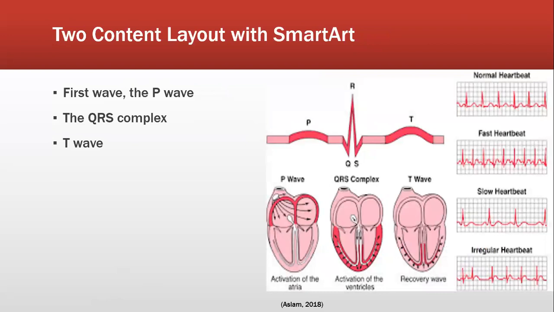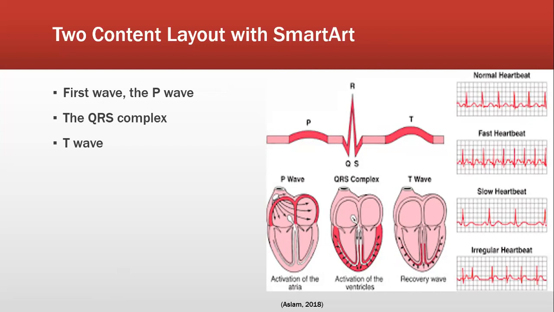So here we have a diagram of the graph with a diagram of the heart, so you can see how this works. The first wave on an ECG is called a P wave, which we have here. This indicates atrial depolarization, in which the atrial contraction happens.